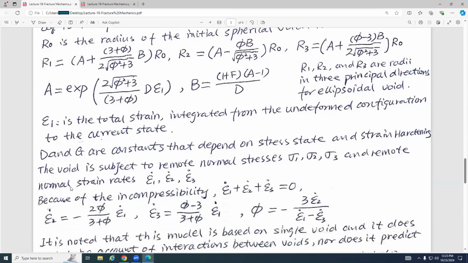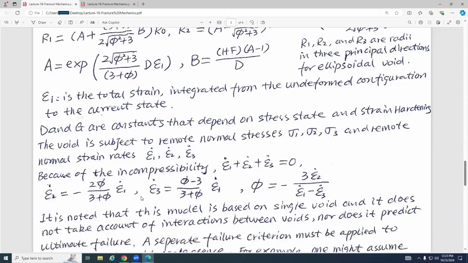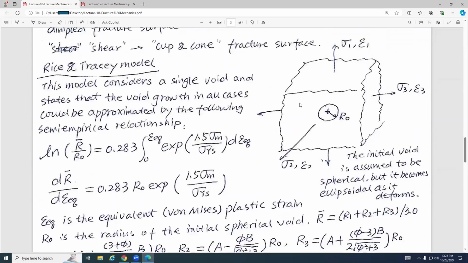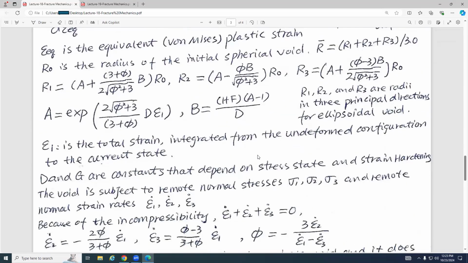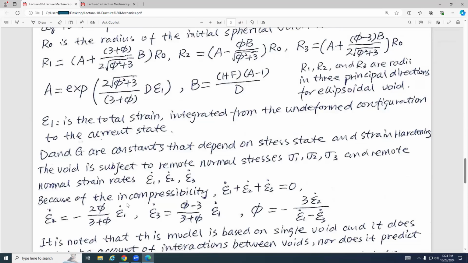So this is this model. You can see the void is subject to remote normal stress, sigma 1, sigma 2, sigma 3, and remote normal strain rate, epsilon 1, epsilon 2, and epsilon 3. If you have a dot on the letter, that means that is the strain rate, okay? How fast you apply the strain. So that makes sense also. And we also assume this material is incompressible, okay? This is a very, very important assumption.